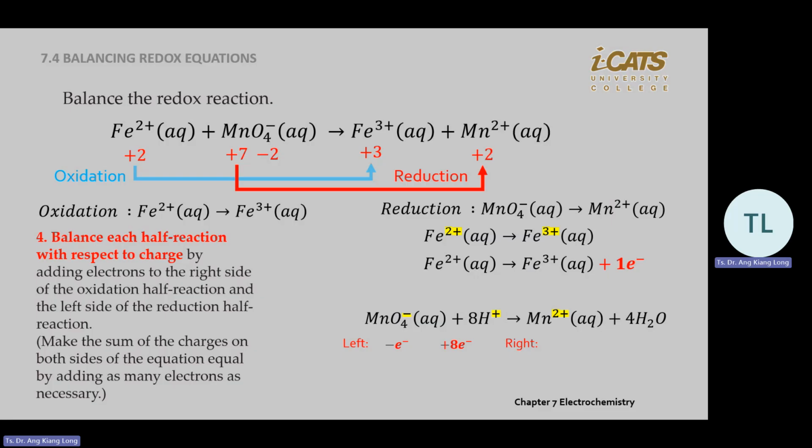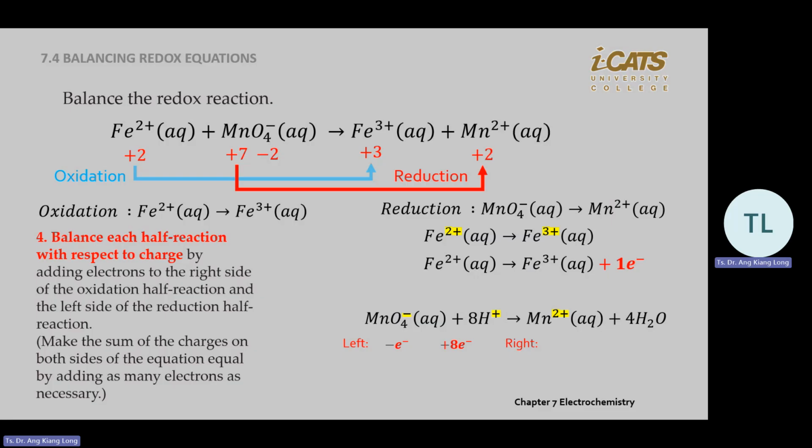How do you make MnO4 negative become neutral? You need to release 1 electron to become neutral. So below there, you put negative e negative because you let go.